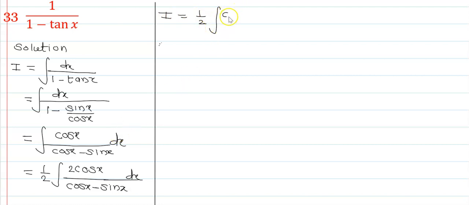First of all, cos x. This is the first cos x. One cos x is remaining. Next, we'll write here minus sin x. Then another cos x. And to balance this minus sin x, I will write here plus sin x. Okay.